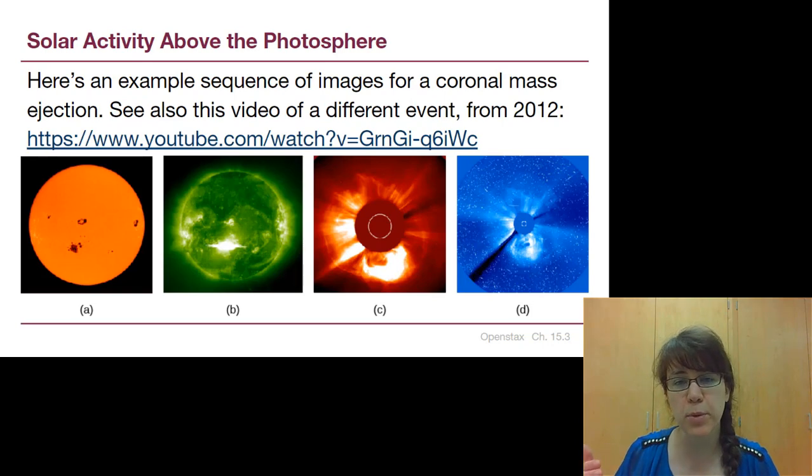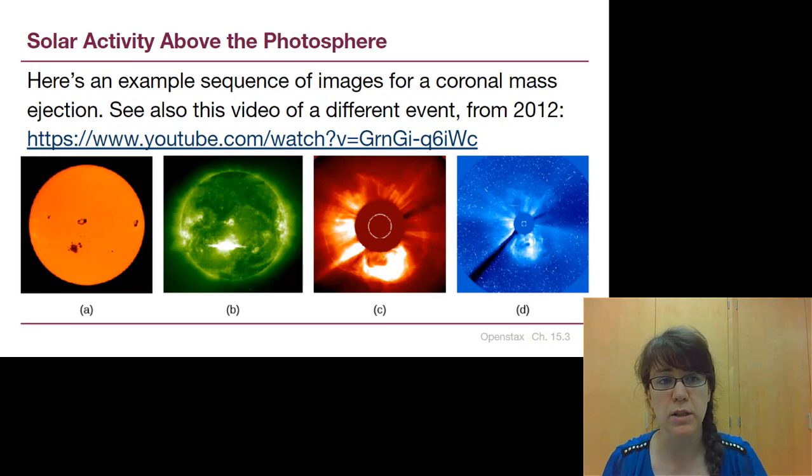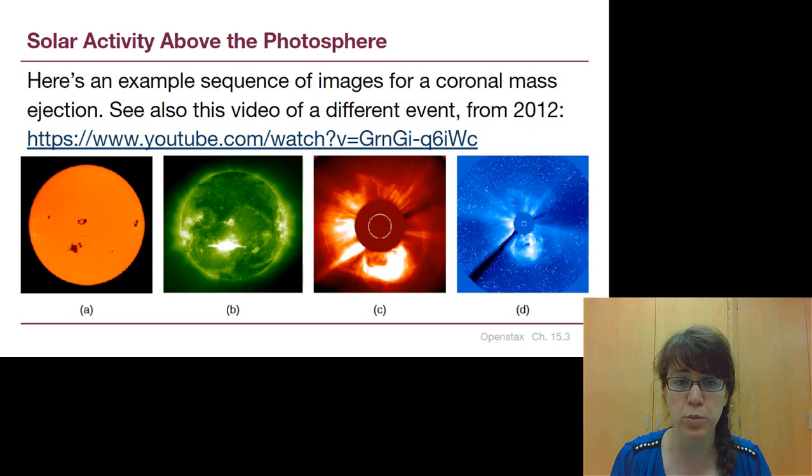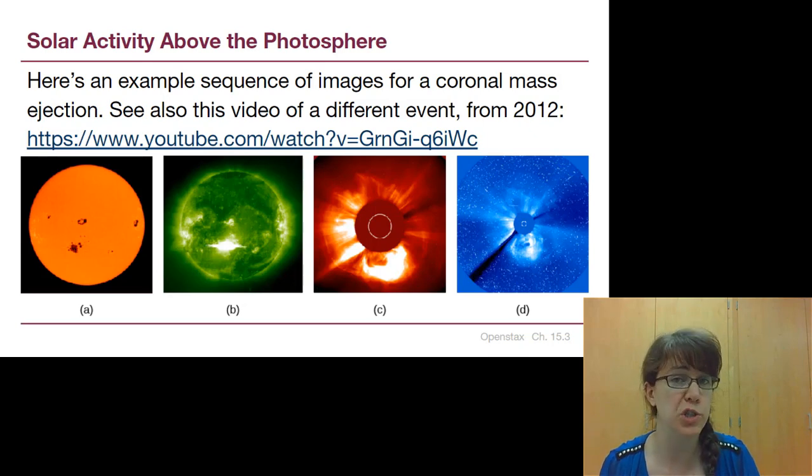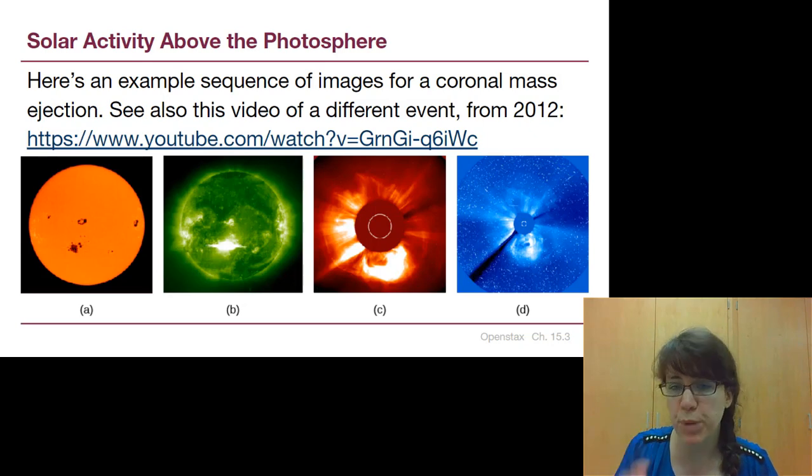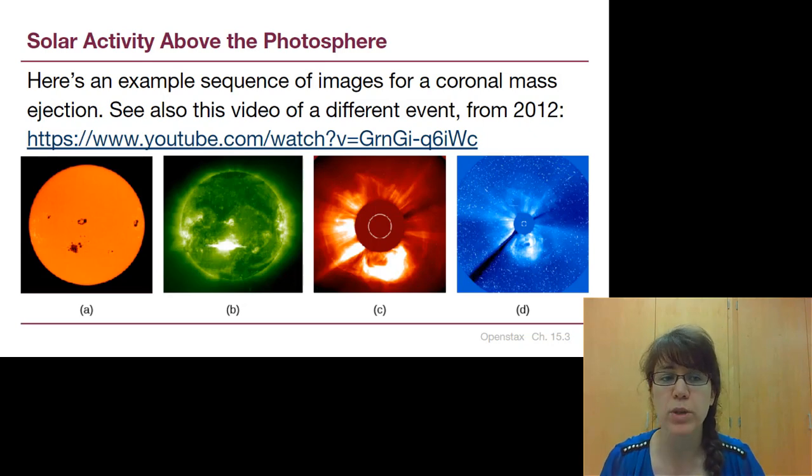So this is an example set of images from a coronal mass ejection. In A, we have a picture of the photosphere, and we see some sunspot groups which show us where we should be seeing active regions in other images. In B, we're looking at the sun again, this time in X-rays, and we see that the places where we see sunspots tend to be the same places where we have a lot of activity in the X-ray image.